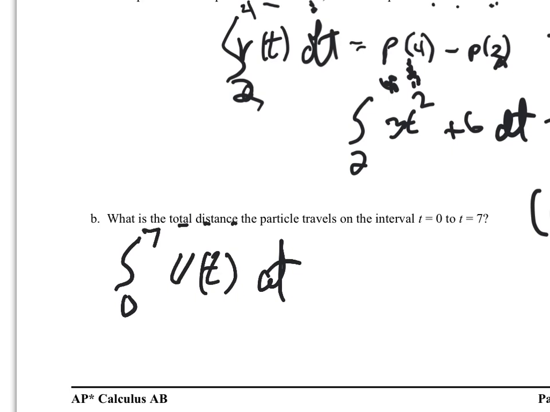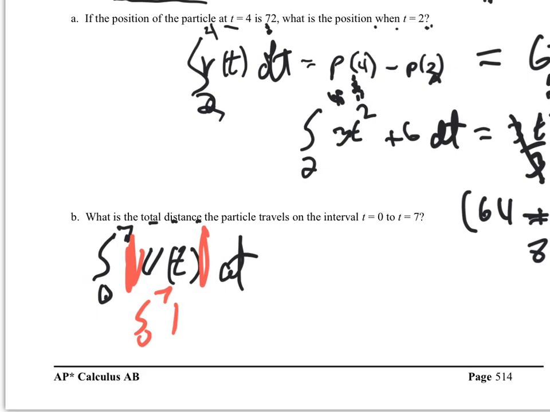Somebody better tell me, or I'll do it wrong. He wants the total distance from 0 to 7. Is this correct? Absolute value. Oh, absolute value. So that becomes the integral from 0 to 7 of the absolute value of 3t squared plus 6 dt.